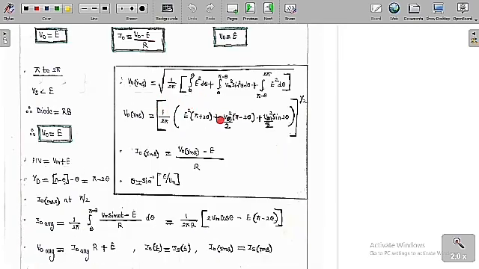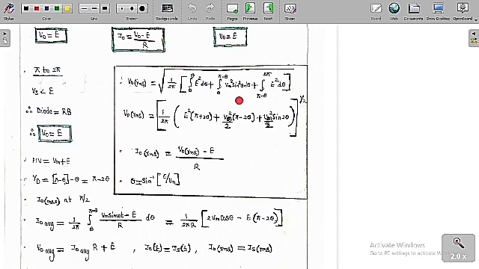Now I want to find the RMS value of the output voltage. The RMS value of the output voltage is equal to the square root of 1 by 2 pi times the integration from 0 to theta, where its value is equal to E, so E square into d theta, plus from theta to pi minus theta, which is Vm sin theta whole square into d theta, plus again from pi minus theta to 2 pi, where its value is again E, so E square into d theta.